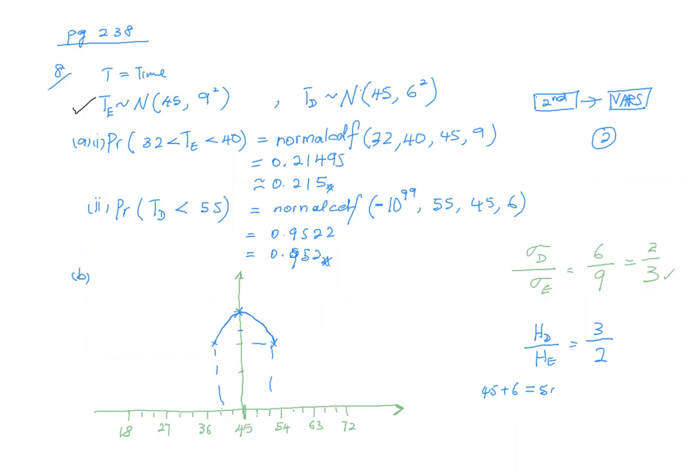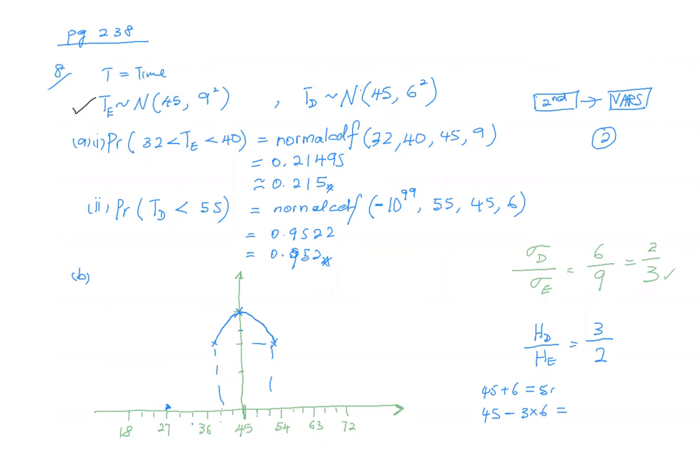Then 3 standard deviations away: 1 standard deviation, 2 standard deviations, 3 standard deviations is at 27, correct? 45 minus 3 times 6, I got 27.